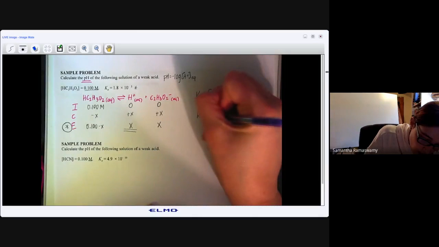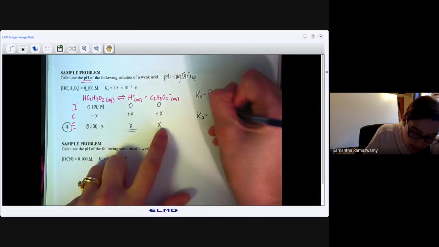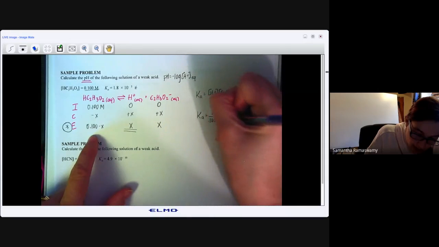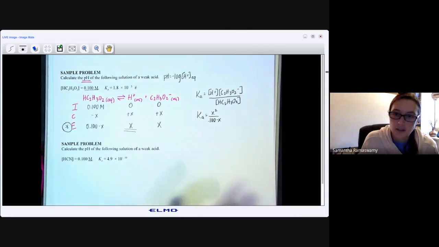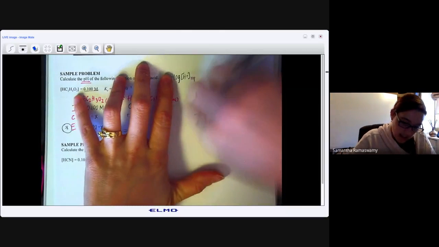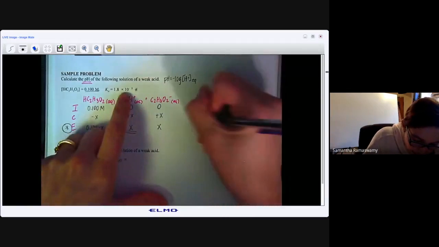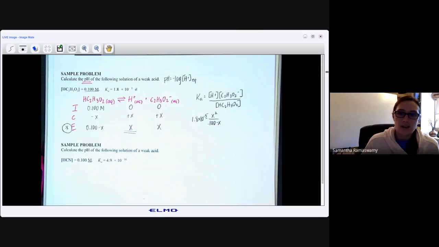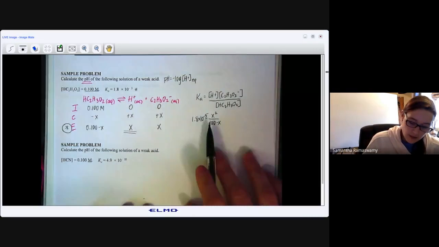I'm going to have x times x over 0.100 minus x. Oh wait, I have a Ka value, so I'm going to plug Ka in: 1.8 times 10 to the negative fifth. So 1.8 times 10 to the negative fifth is x squared over 0.1 minus x.